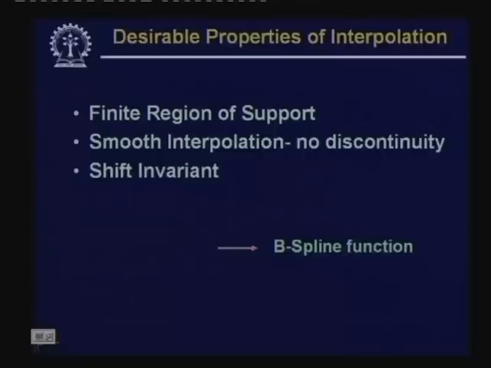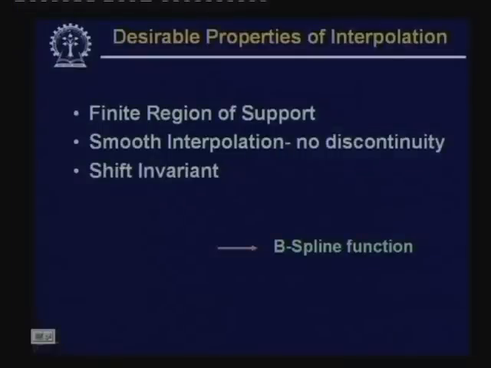The second property which this interpolation operation must satisfy is that it should be a smooth interpolation. That means, by interpolation we should not introduce any discontinuity in the signal. The third condition that must be satisfied is that the interpolation must be shift invariant.